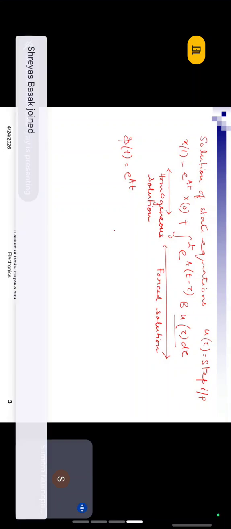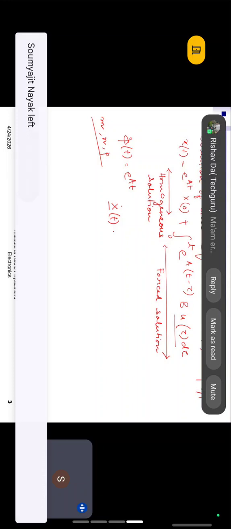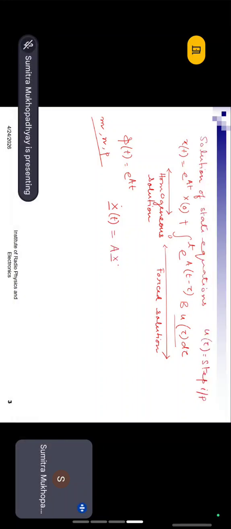And what type of system? Already we have defined the state model. Suppose we have n number of inputs, n number of states, and t number of outputs. So the state equation will be x dot of t, the first order derivative of all the states, equal to the system matrix multiplied with the state variable, plus the input matrix multiplied with the input.